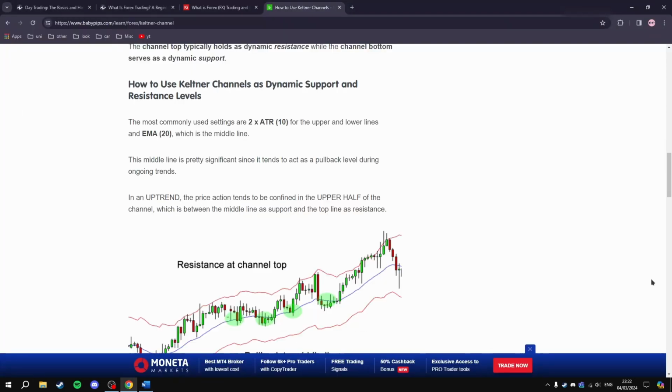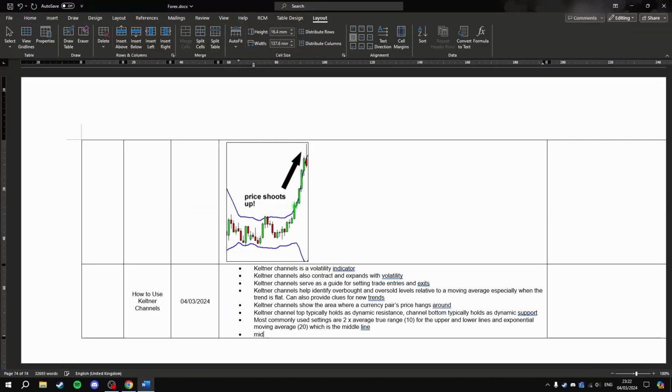The middle line is significant since it acts as a pullback level during ongoing trends.